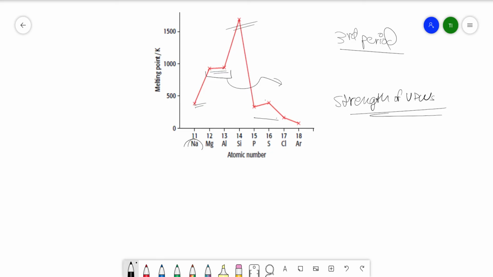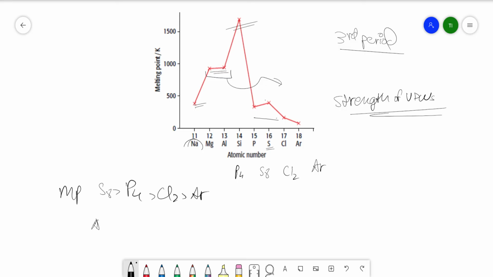Now, I'll give you the original forms of these. So this exists as P4, this exists as S8, this exists as Cl2, and this exists as Ar. If you make a correlation with the factors influencing van der Waals, you can make a proper comparison of why the melting point is S8 greater than P4 greater than Cl2 greater than Ar.